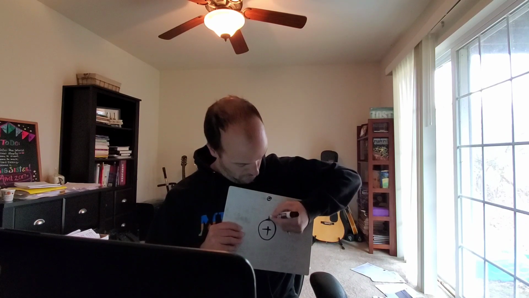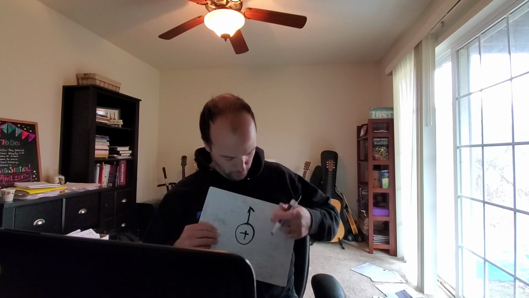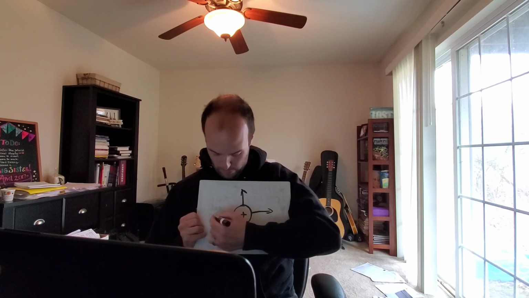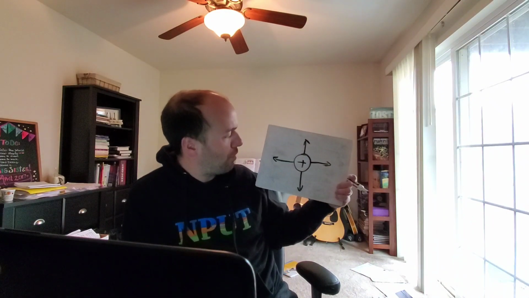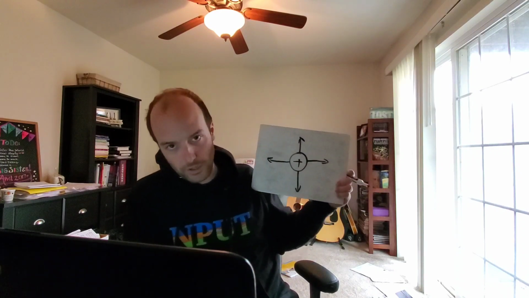Well, it would move up. If I were to move my test particle over here, it would move this way. If I were to put it right here, it would move that way. And if I were to put it out here somewhere, it would move that way. And here we go. Here we have a properly drawn electric field diagram for a single positive charge.